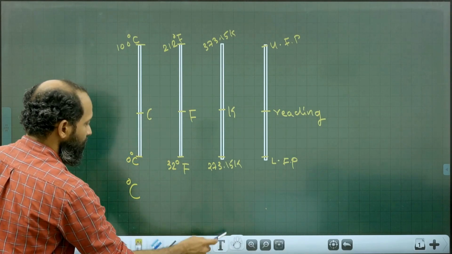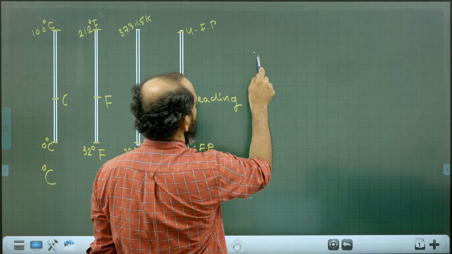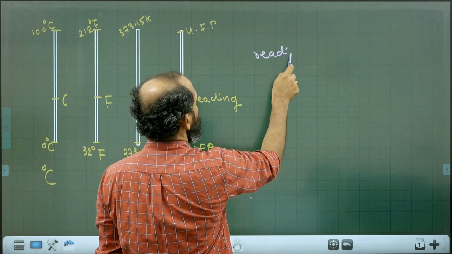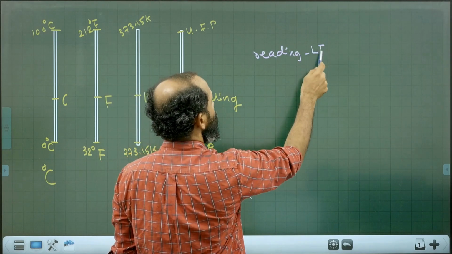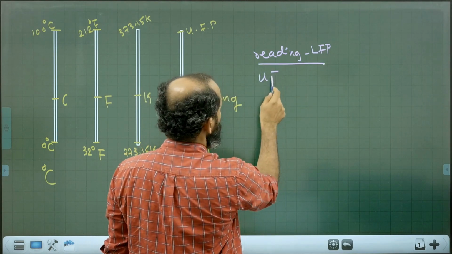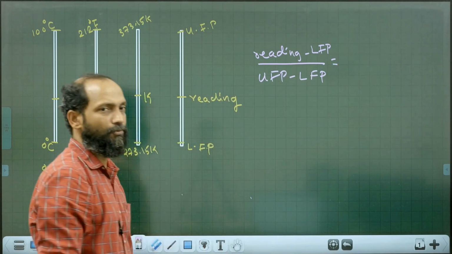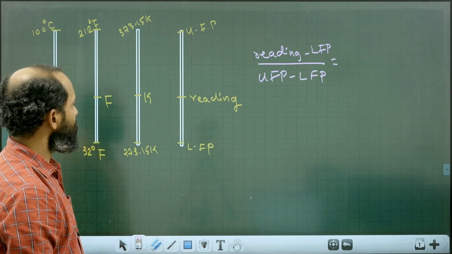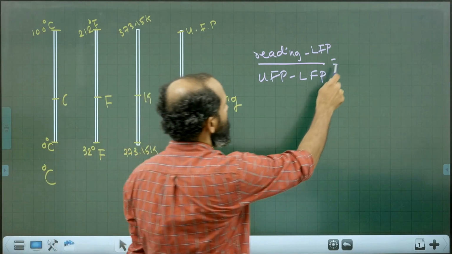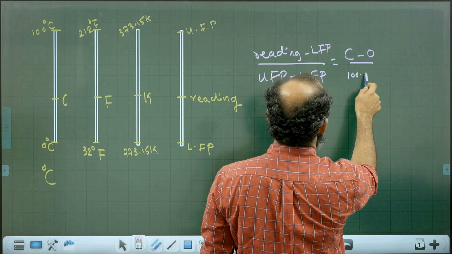How to compare all these scales? That is an important question. Reading minus lower fixed point divided by upper fixed point minus lower fixed point is a constant for any such thermometers. For the Celsius scale, it should be C minus 0 divided by 100 minus 0.